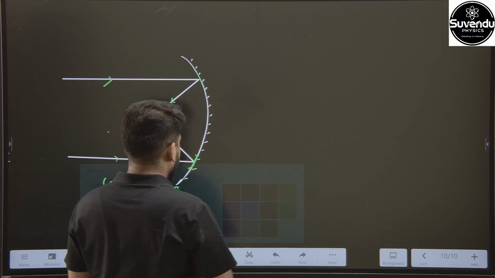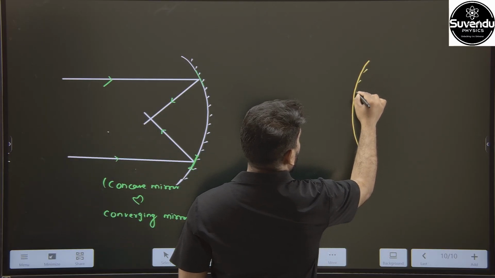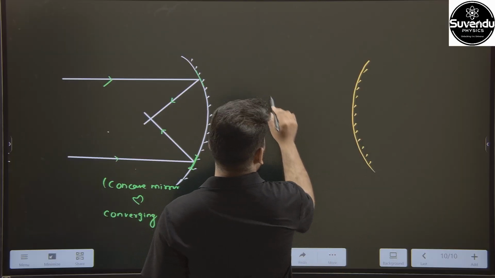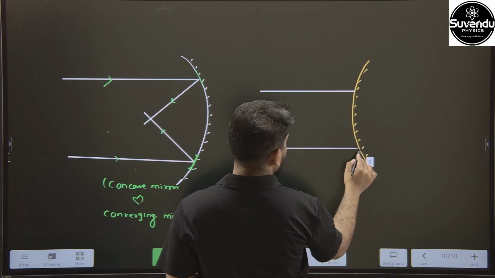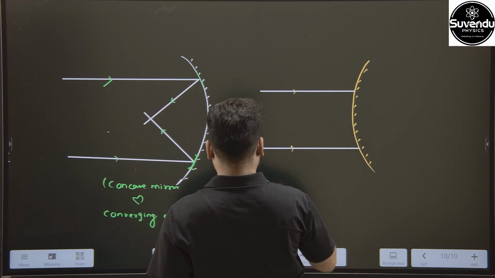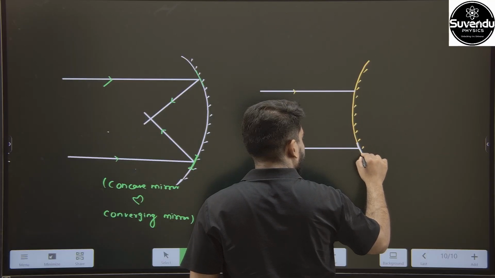And in case of convex, now check one thing. This is suppose our convex mirror. And consider this is your incident ray. Same as previous, this is our small portion, behaves as a plane surface.